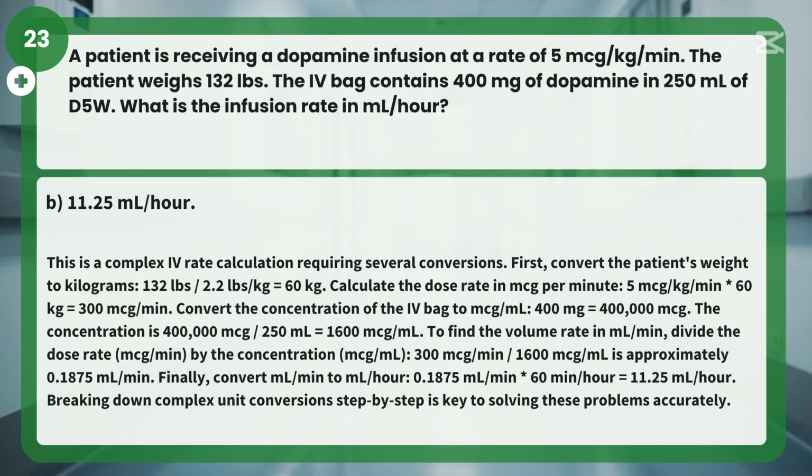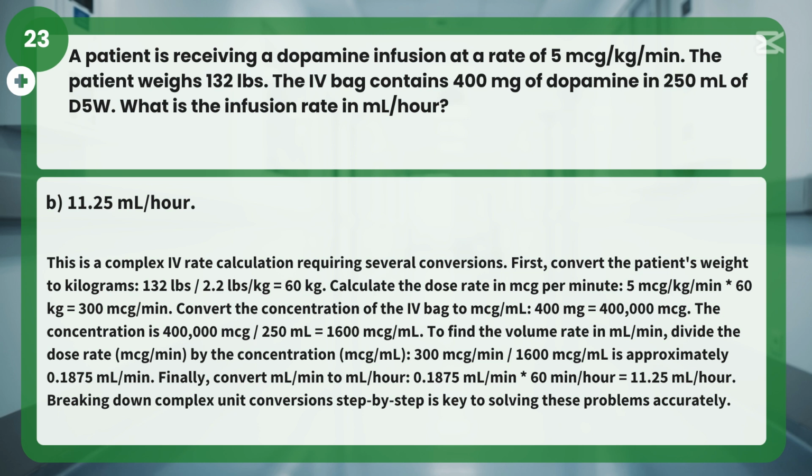Convert the concentration of the bag to mcg/mL. 400 milligrams equals 400,000 micrograms. The concentration is 400,000 micrograms / 250 milliliters equals 1,600 micrograms per milliliter. To find the volume rate in mL/min, divide the dose rate, mcg/min, by the concentration, mcg/mL. 300 micrograms per minute / 1,600 micrograms per milliliter is approximately 0.1875 milliliters per minute.